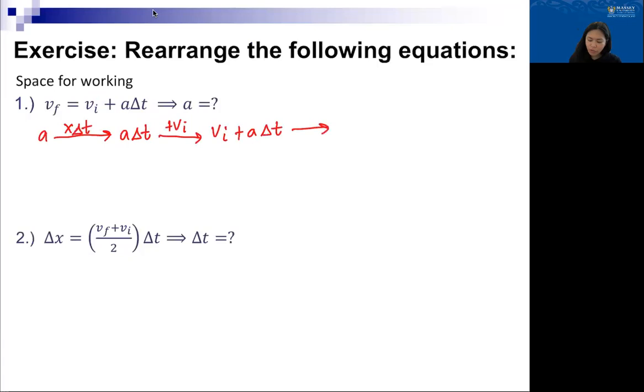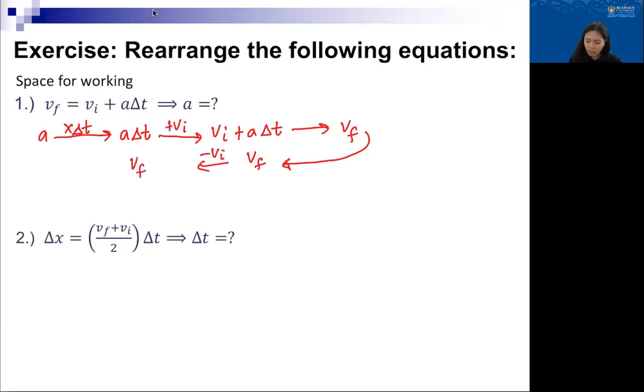That brings you to the equation for Vf, right? Vf is equal to Vi plus a delta t. So you've built that equation up. Now undo the operations starting from Vf. The last operation you did was to add Vi, so you have to subtract Vi.